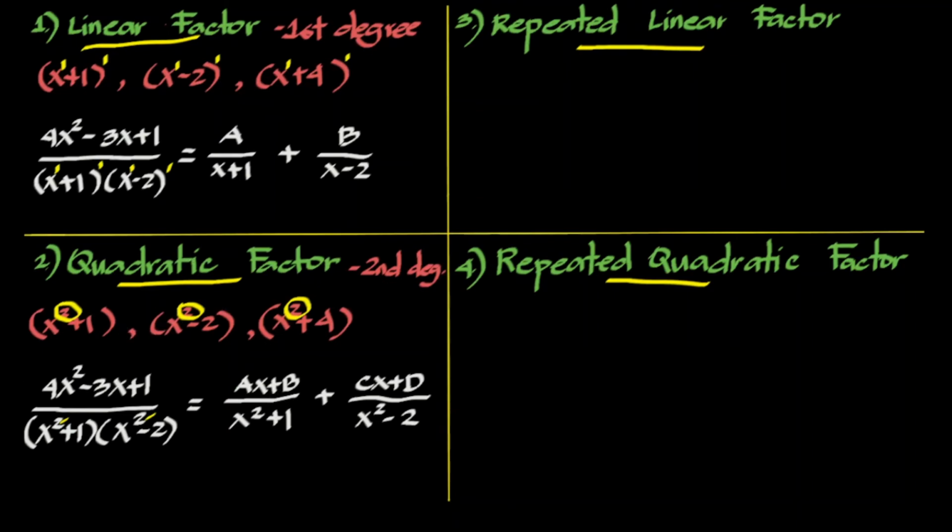How about yung third type, which is yung repeated linear factor. From linear factor, kaya nga tinawag siyang repeated kasi uulitin niya lang yung linear factor. For example, so we have here x plus 1. So, gagayahin natin yan. So, we have x plus 1. Pero, may squared na siya sa labas.